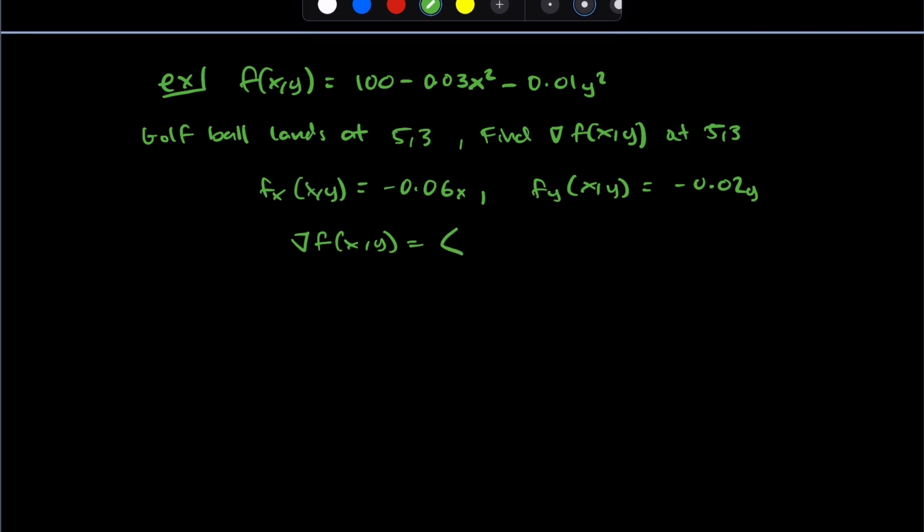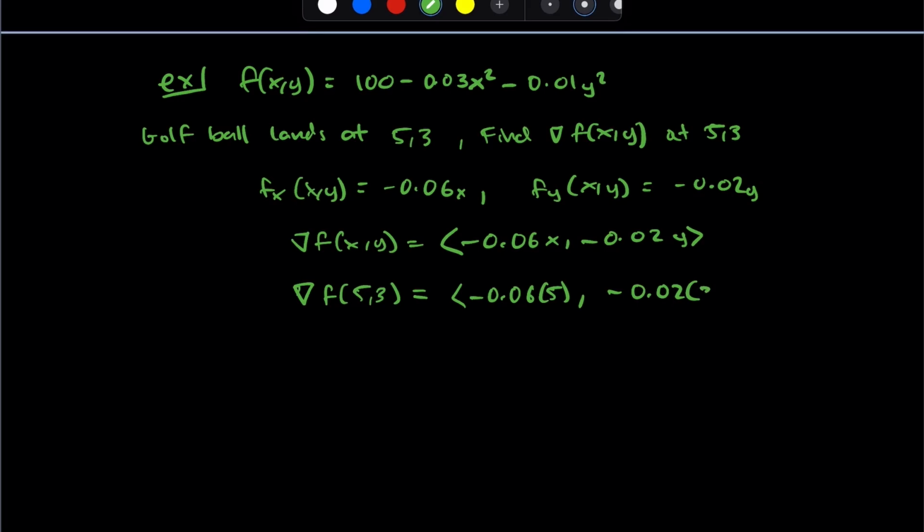Okay, and then the gradient vector is equal to negative 0.06x, comma, negative 0.02y. Now, if we plug in 5, comma 3, then the gradient vector at 5, comma 3 equals negative 0.06 times 5, comma, negative 0.02 times 3.